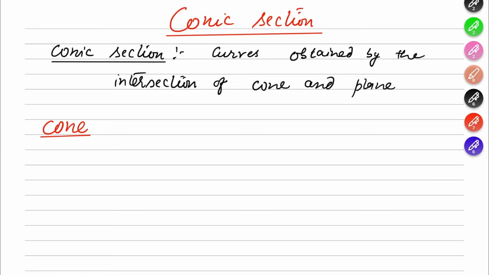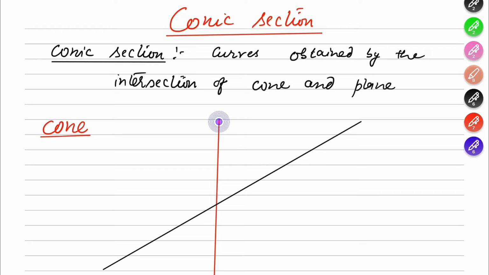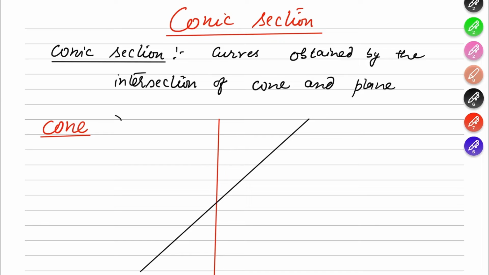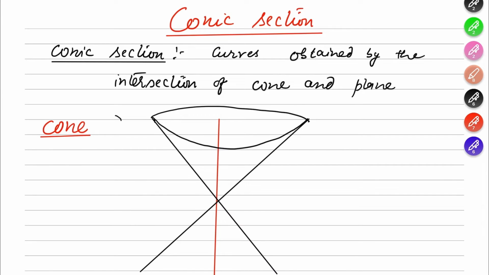If you want to generate a cone, let's say this is a straight line, and let's say this is another straight line, and if we rotate this black line about the red line in 3 dimensions such that this point remains fixed, we will get a 3D structure. This is called a cone.